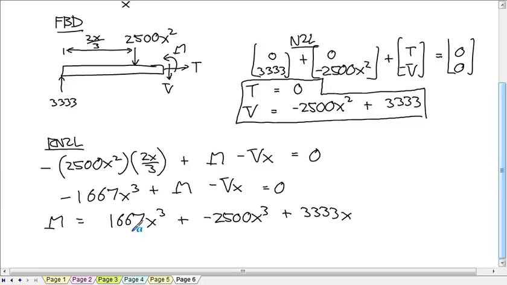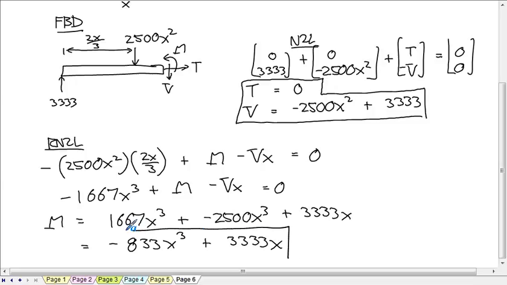And so you get M is equal to negative 833x to the third plus 3,333x. Any questions about that?